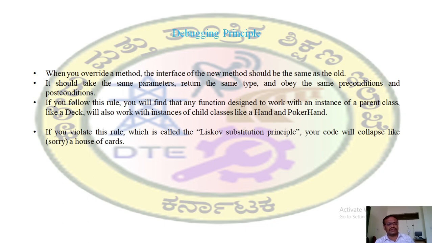If you violate this rule, which is called the substitution principle, your code will collapse like a house of cards. That's why, when you are writing overriding methods, you have to follow these rules correctly.